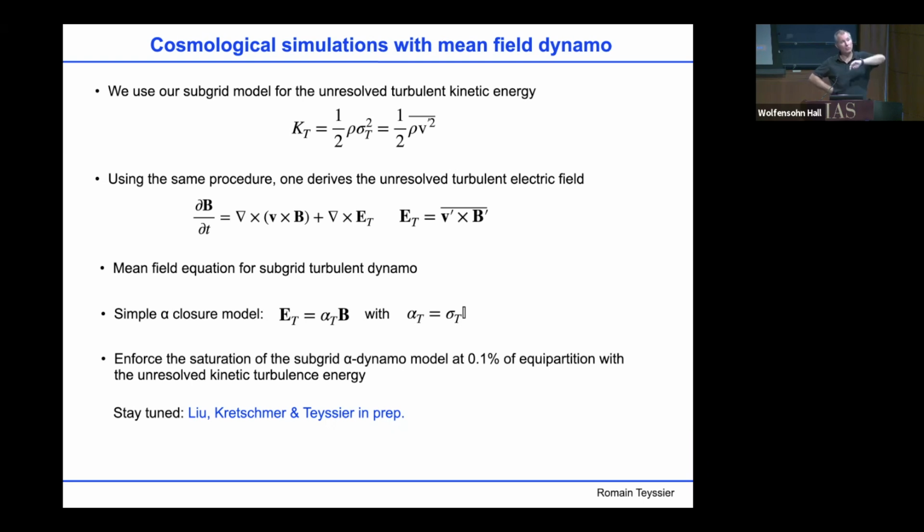This form is a very simple form that was proposed, for example, in the Brandenburg review, to model the approach of saturation. And so we didn't go much further than that.